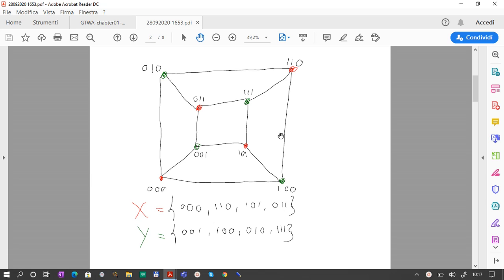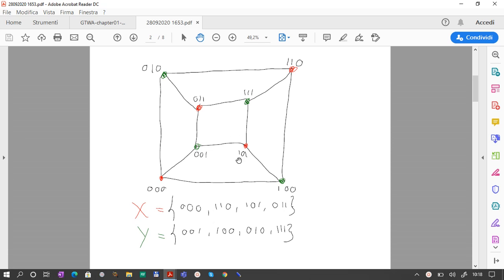Instead, if I pick up say these two, this edge, then what do we have? We still have k equal to 3, of course, and then we have that the position where the two triples differ is position i equal 2. In position 1, they are equal. In position 3, they are equal. In position 2, they differ by that coordinate.